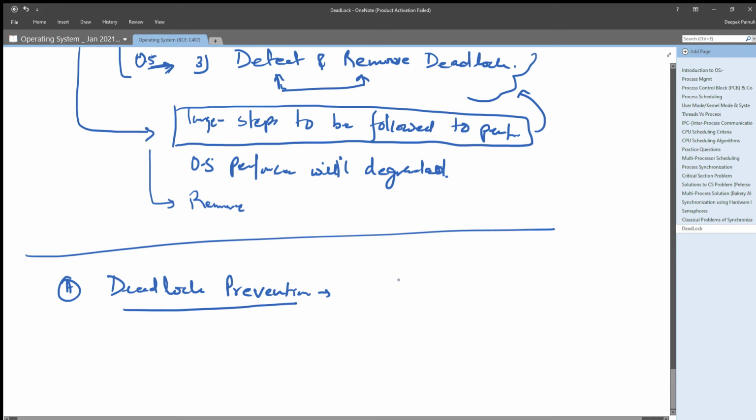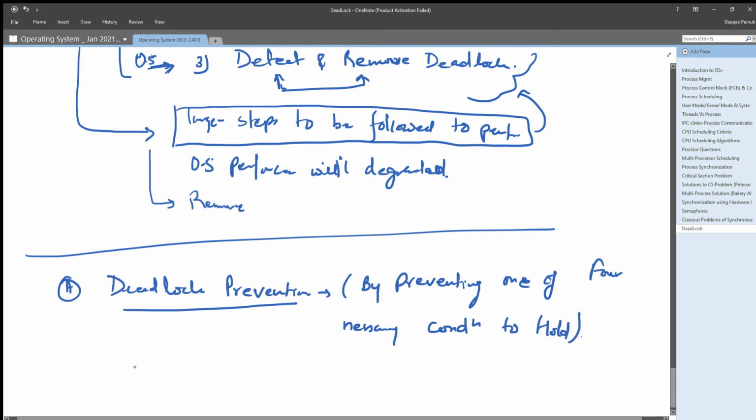As I already mentioned, we can prevent deadlock from happening by preventing one of the four necessary conditions from holding.